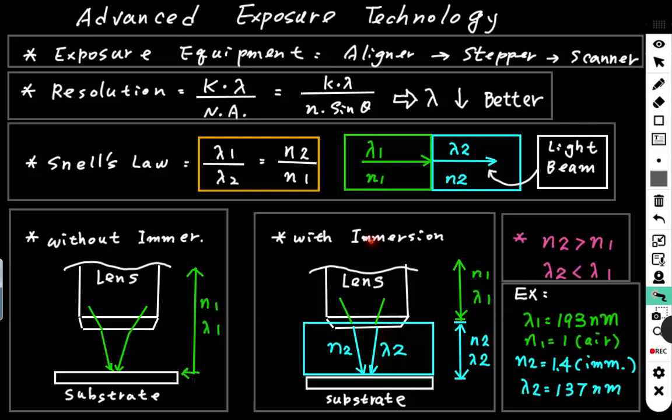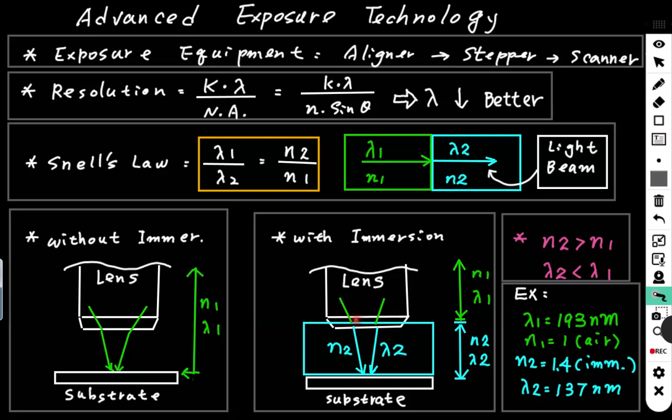The light beam goes through the lens system and into the immersion liquid material, which has a bigger N2 value than the N1 value.